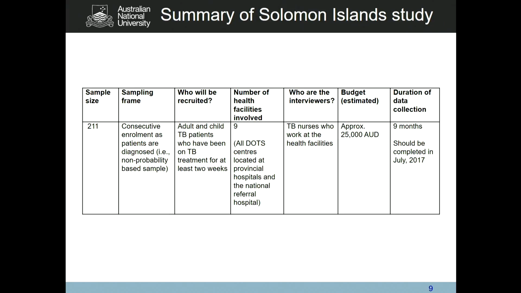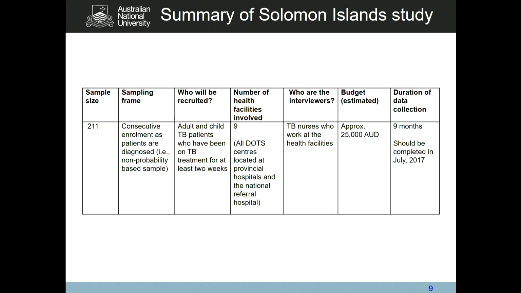So for Solomon Islands, it's a very similar picture, with a slightly lower sample size of 211 patients. We're enrolling them the same way, so we're doing consecutive enrolment of patients as they're diagnosed after they've been on TB treatment for 2 weeks. We're also enrolling adults and children. We're enrolling from 9 health facilities, which are DOT centres located at provincial hospitals and the National Referral Hospital.